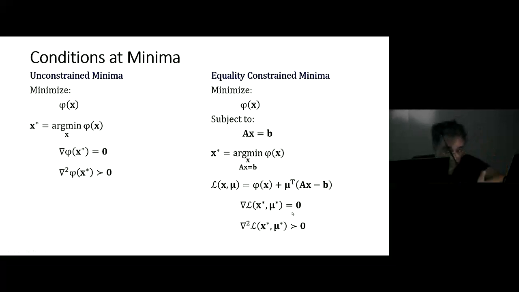This is the first order necessary condition. And the second order sufficient condition is this: the second derivative of L should be positive definite. If it's positive semi-definite, it still could be the constrained minimum. Keep these in mind.